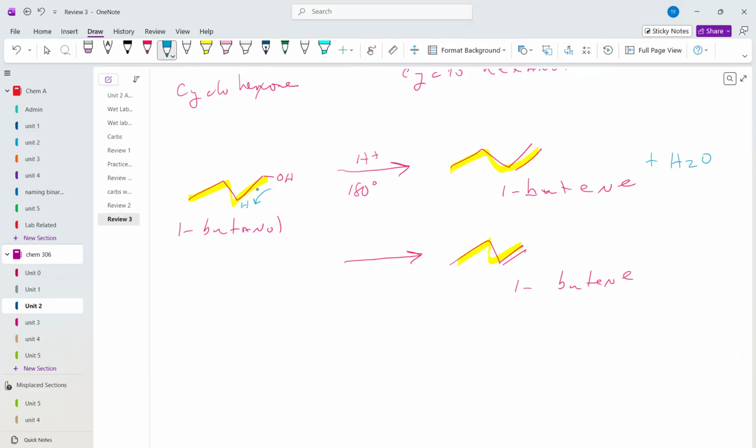So we're going to reduce the aldehyde, which goes to an alcohol. And then we're going to do the same reaction above.